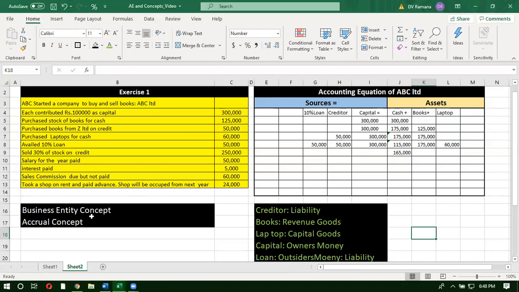Along with that vocabulary, we're also understanding the relevant accounting concepts.